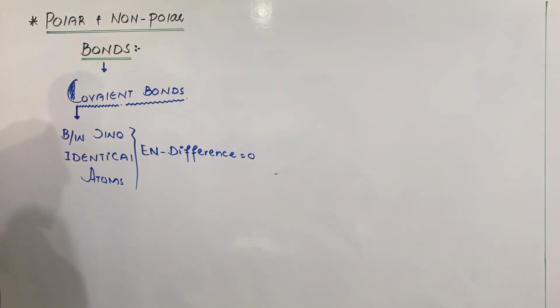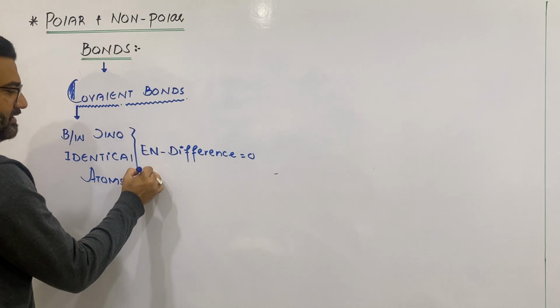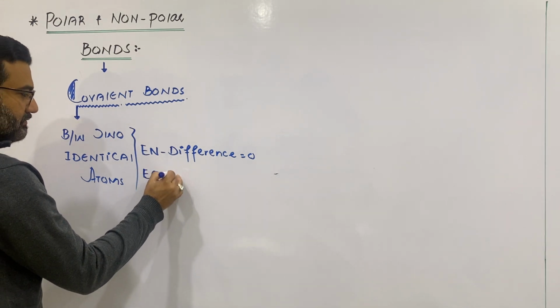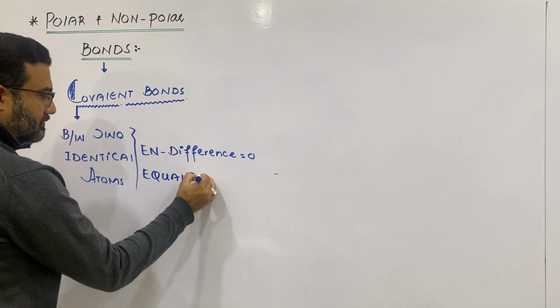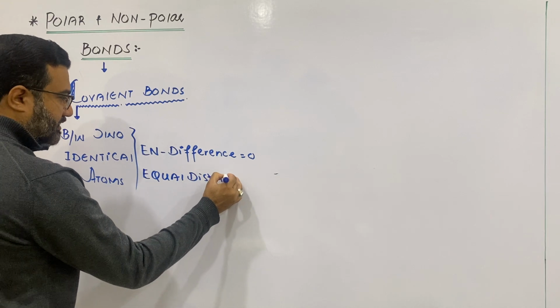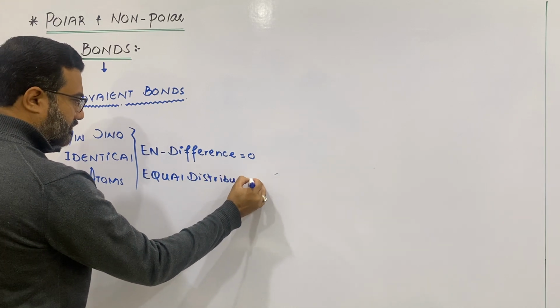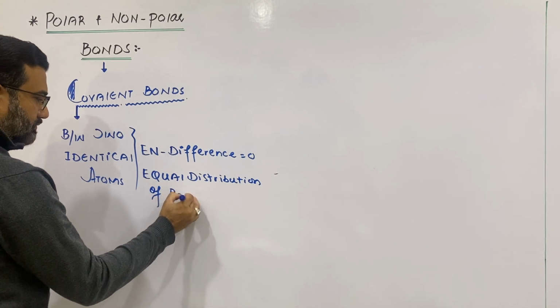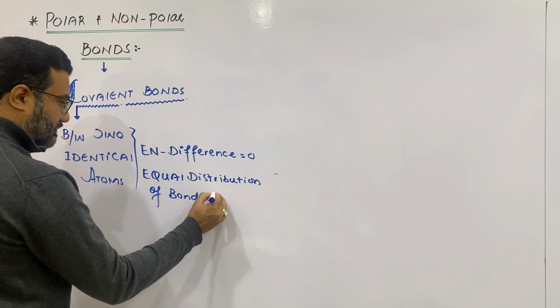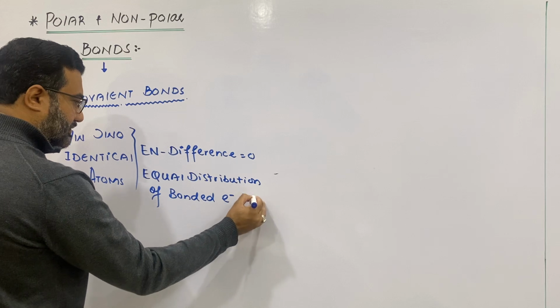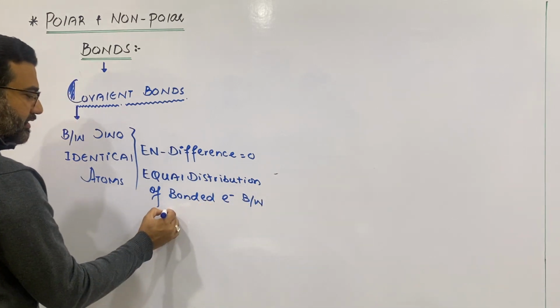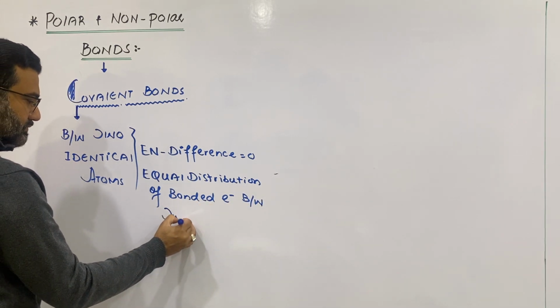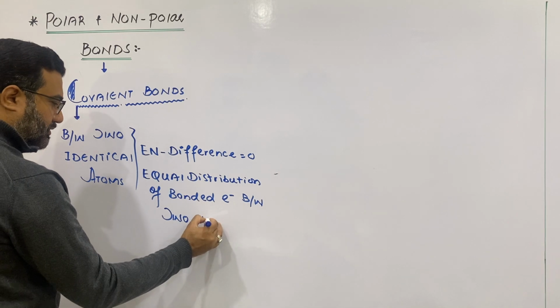And when the difference of electronegativity is 0, it means there will be equal distribution of bonded electrons between two atoms.